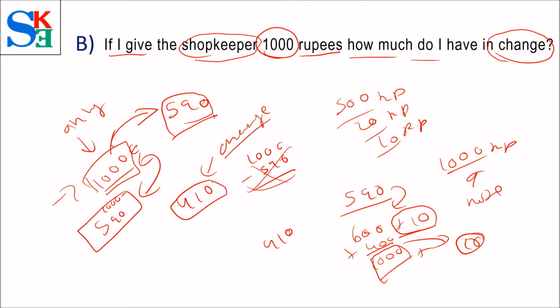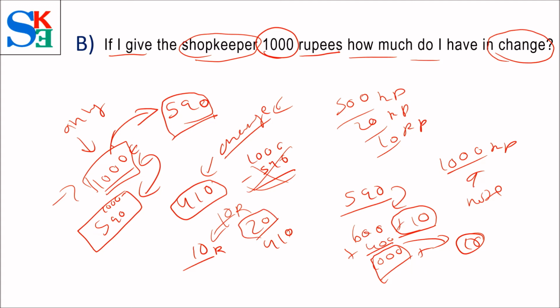So I hope you have already learned change, but if not, I'm just going to tell you. Well, I've already told you, but I'm going to tell you again. Change is basically if there's something that's 10 rupees, and I give 20 rupees for that because I only have a 20 rupee note in my pocket, then I will get 10 rupees in change because I gave 20 rupees and I did not have to give that much.